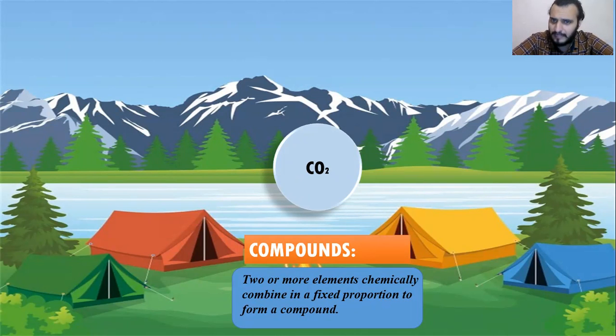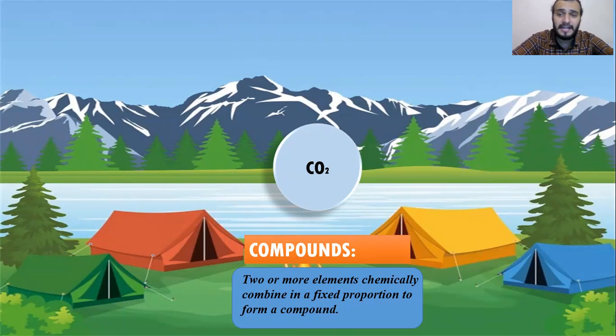For example, to understand this, let us take one example. If we go to America, if we go to Japan, if we go to Europe, anywhere, will the formula of carbon dioxide change or will it remain the same? Obviously, the formula of carbon dioxide remains the same, that is CO2. So in the compound carbon dioxide, the proportion of carbon and oxygen is fixed.